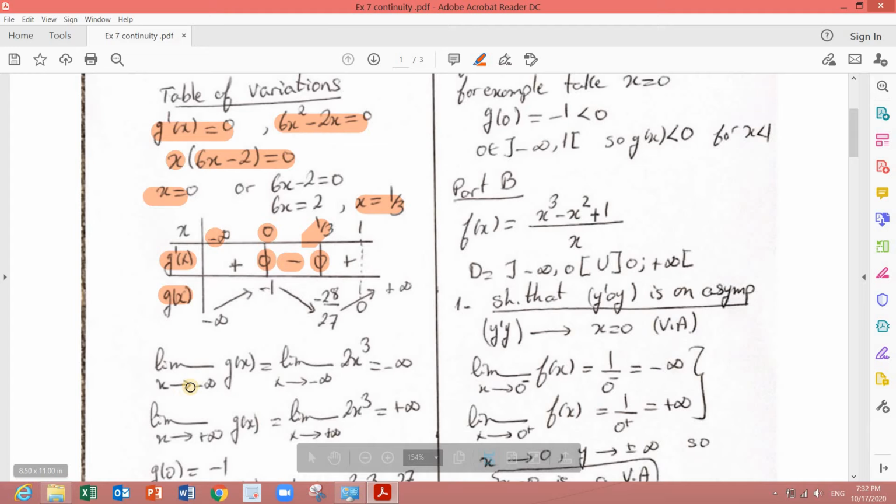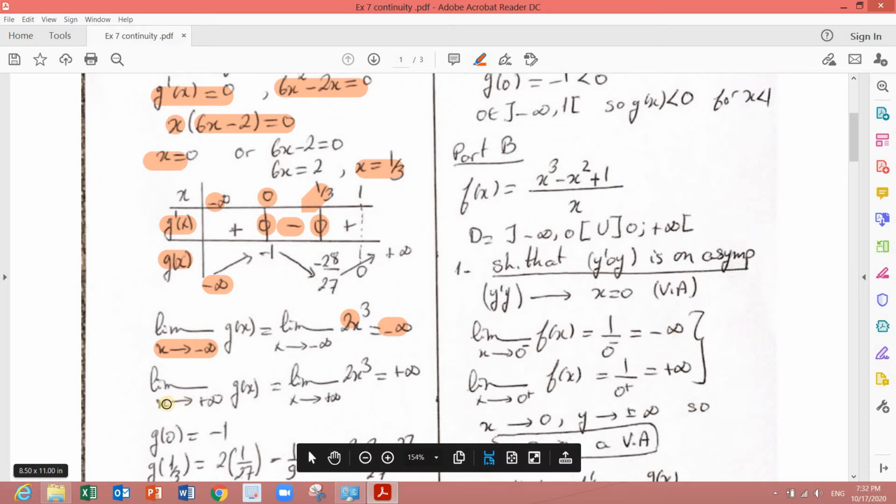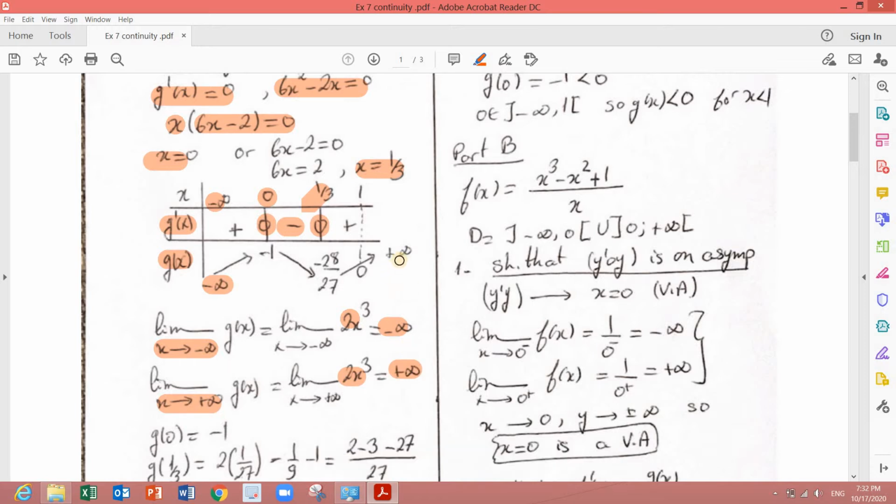At minus infinity, the limit as x tends to minus infinity of g of x equals the limit of the highest degree term, which is x cubed, equal to minus infinity. This is why we put minus infinity here. And the limit of g of x as x tends to plus infinity, we take the limit of the highest degree term, x cubed once again, which is plus infinity, and this is why we put plus infinity here.